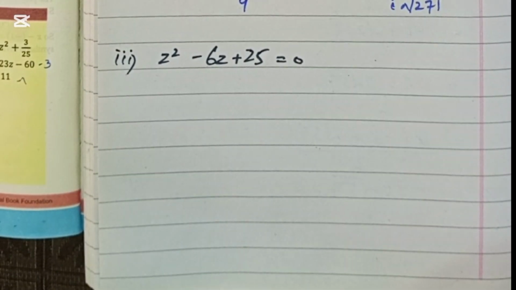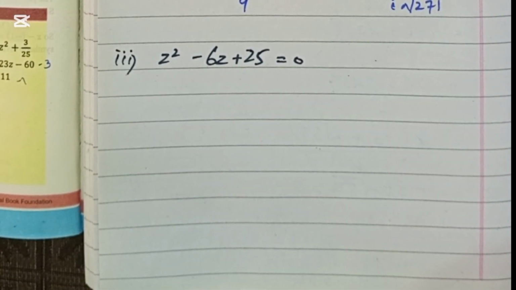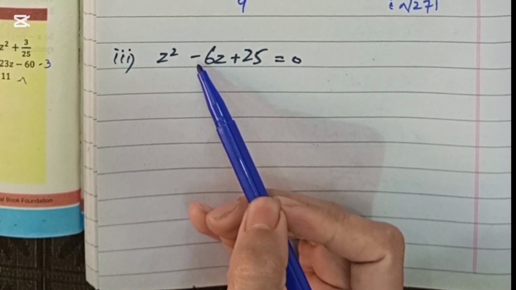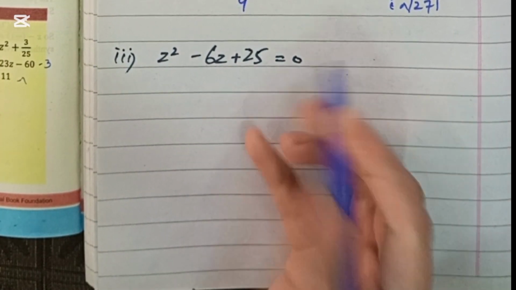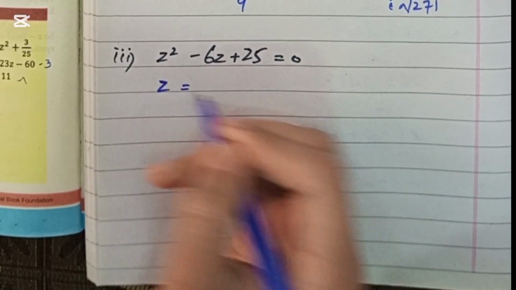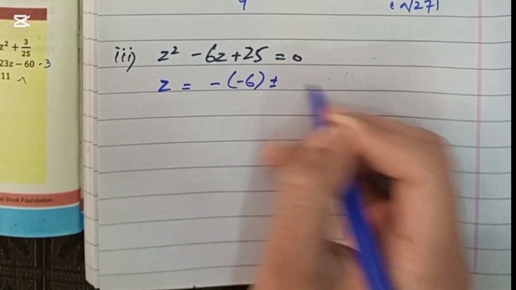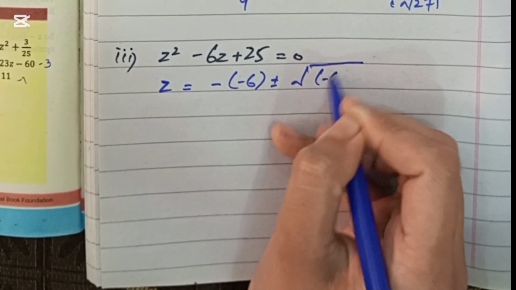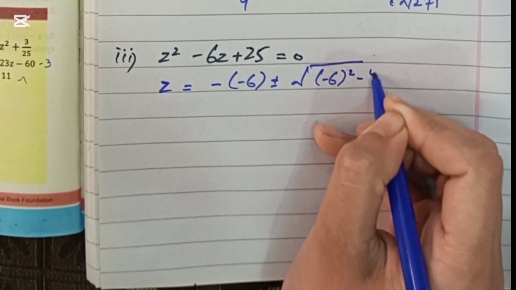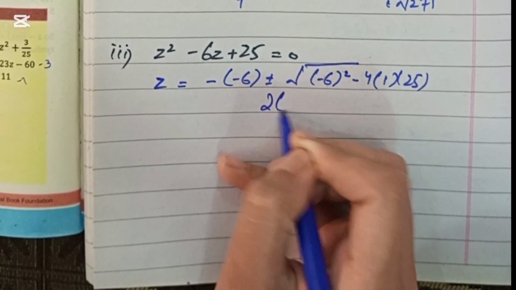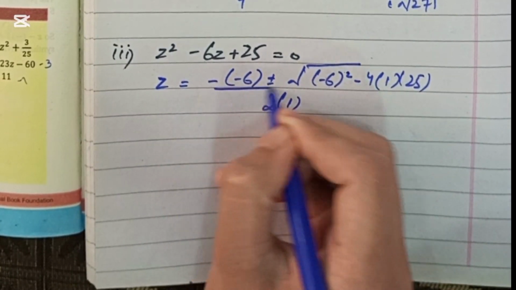Next, z square minus 6z plus 25. Here a is 1, b is minus 6 and c is 25. Minus b, so minus minus 6, minus 6 square minus 4a and c. The whole is going to be divided by 2a.